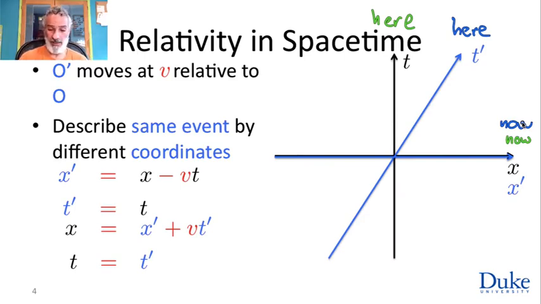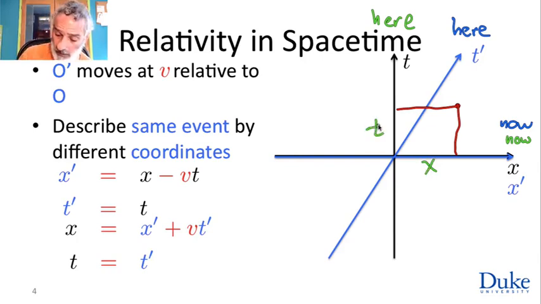And what happens then is that if there's some event going on somewhere over here, a birthday party takes place, well, then the black observer measures when and where the event occurred, and declares that it occurred at a distance x from the origin, and at a time t.